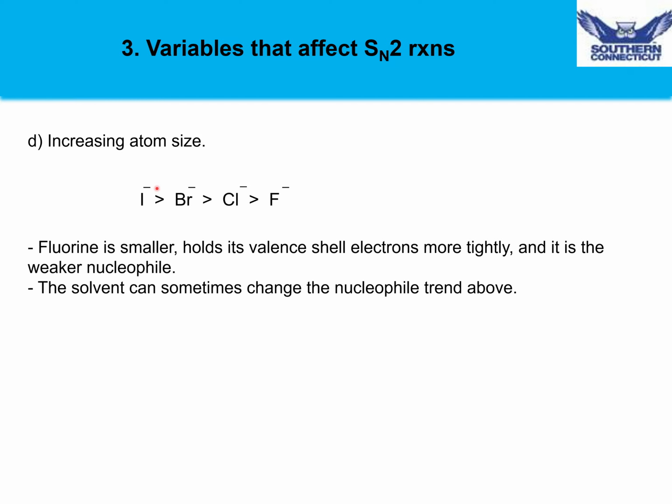So the lone pairs on that iodine are further away from the nucleus of the iodine, and so they're more free to participate in reactions with electrophiles. Note that the solvent, whichever solvent we're using, sometimes will change this order of reactivity, but for our purposes, we're going to use this trend as shown here.